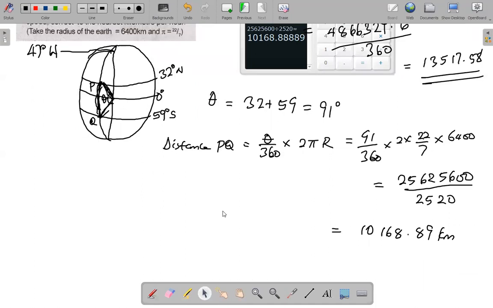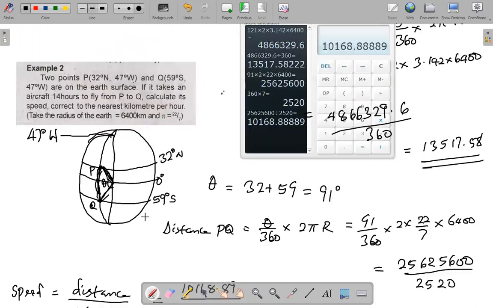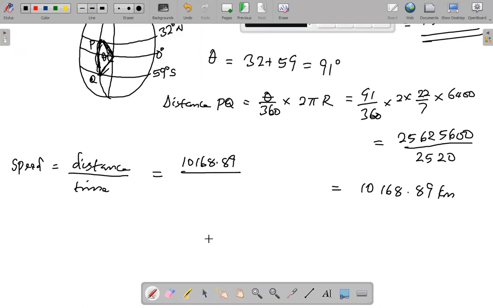Speed is distance over time. The distance as calculated is 10,168.89. The time is given in the question, 14 hours. So divided by 14 hours.